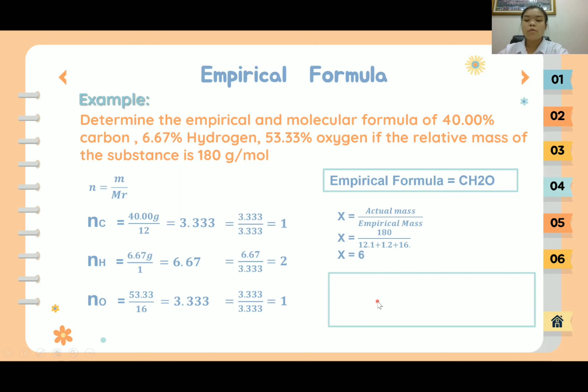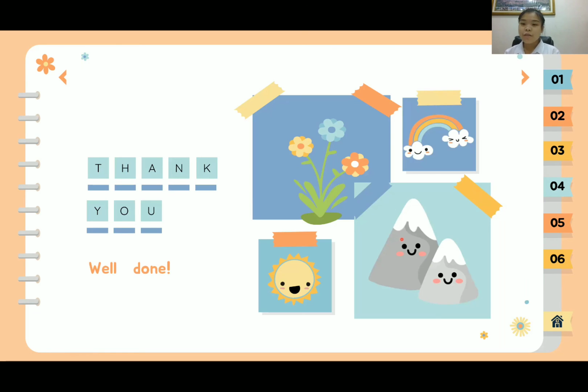So the molecular formula is carbon 6, hydrogen 2 times 6, oxygen 6. And the result is C6H12O6.